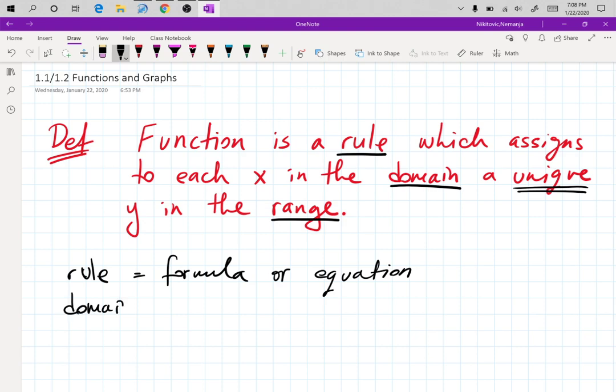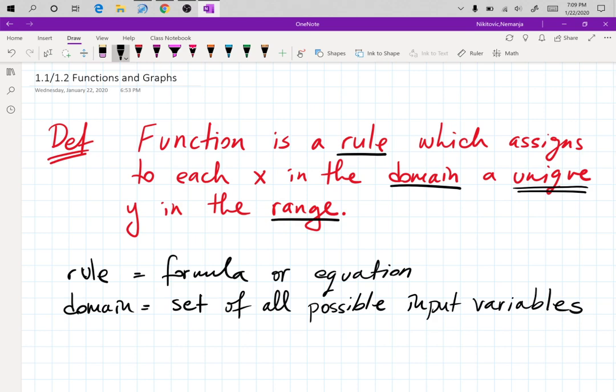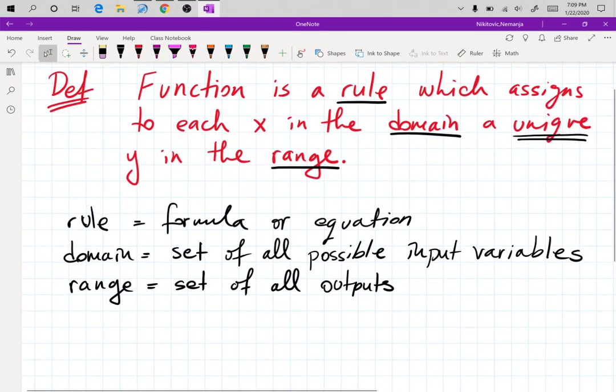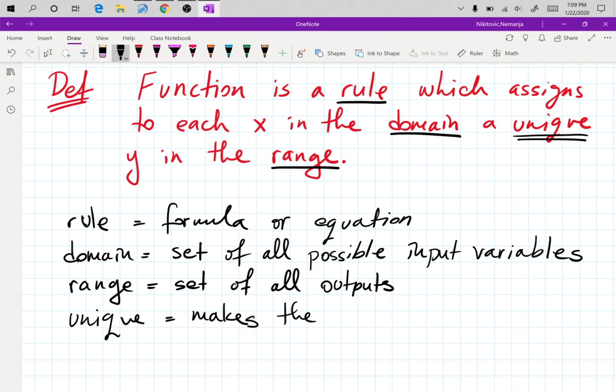Domain is the set of all possible input variables. I'll explain these further. Range, set of all outputs, and the word unique makes the function. Okay, let's discuss this.